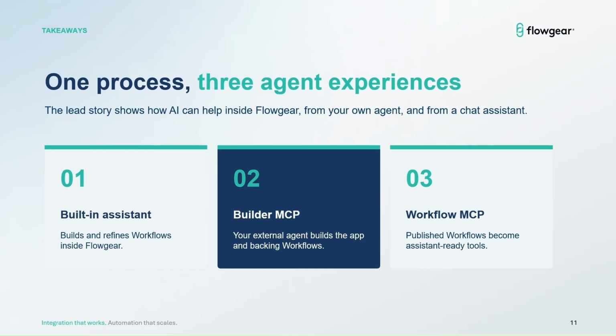Then, we moved outside Flowgear into Codex and used Builder MCP to build a Flowgear app around the same process. And finally, we used Workflow MCP with ChatGPT so that a finished workflow could be used as a tool in conversation. Through this, we provide a controlled way to bring AI into integration work.